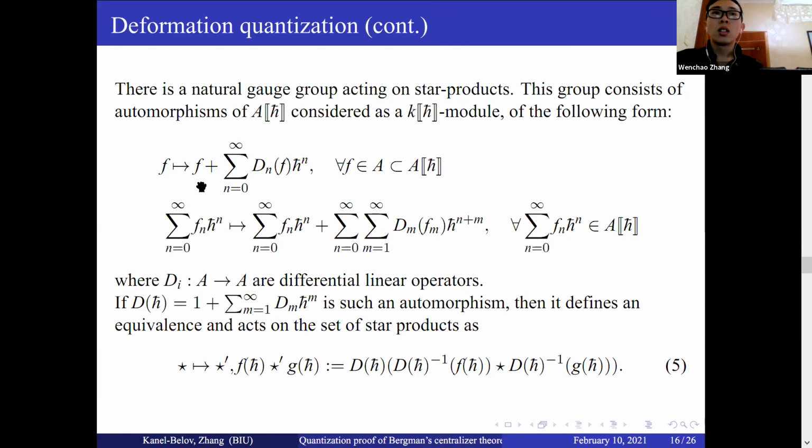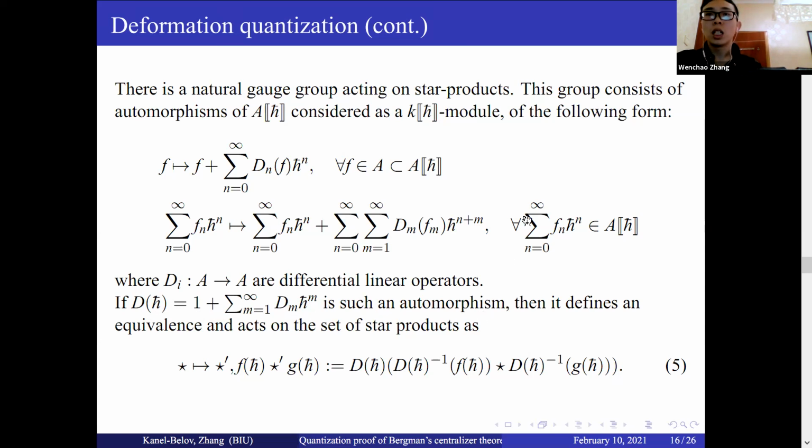Then we can also send the sum of f_n h bar to the n to the sum of f_n h bar to the n multiplied by the sum of D_m f_m h bar to the n minus m. Here it's also a typo, it is D_n f_m here. So this D_h is 1 plus the summation of D_m h bar to the m.